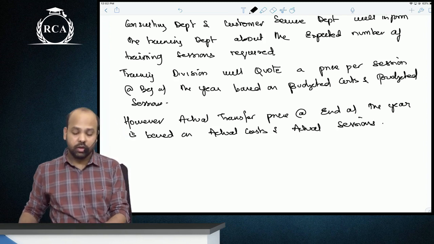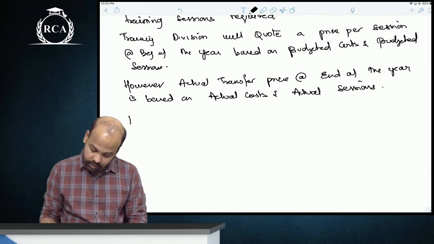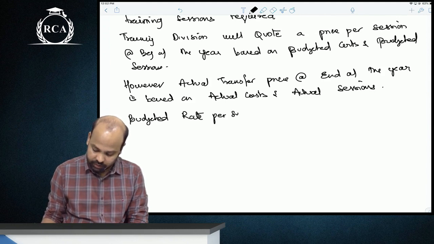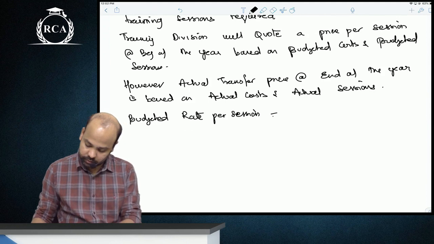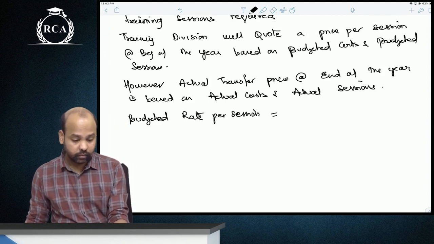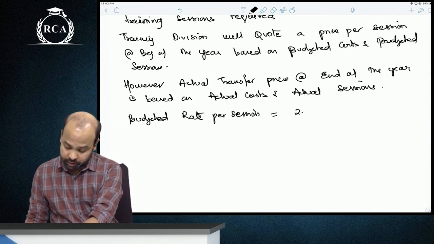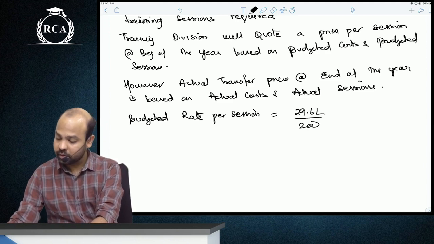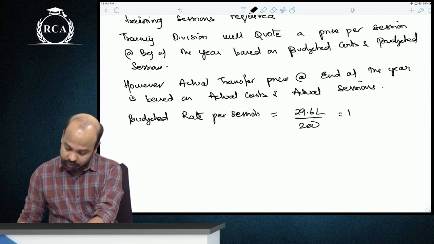Okay. So what is the problem here, sir? The budgeted rate per session was, we can also compute, guys, 29,60,000 divided by 200 sessions, 14,800 per session.